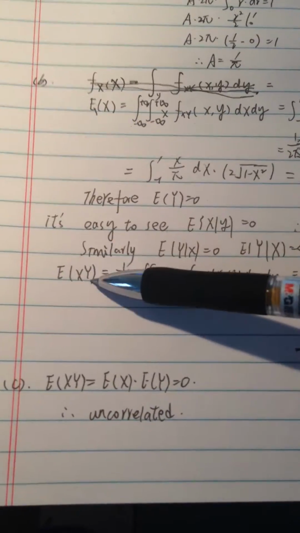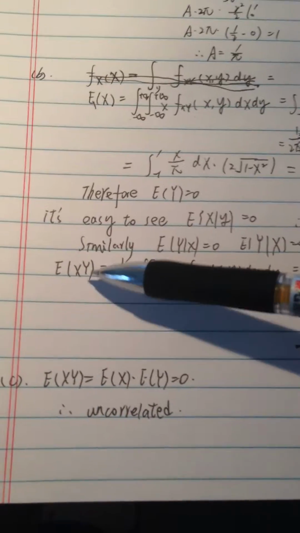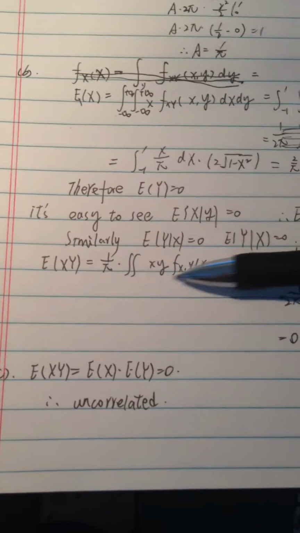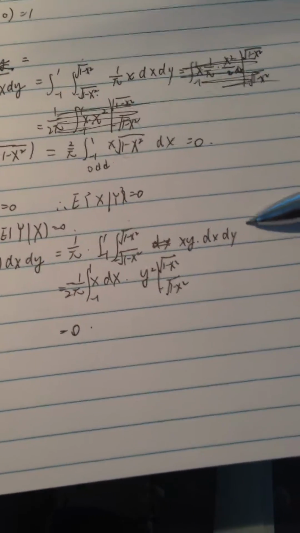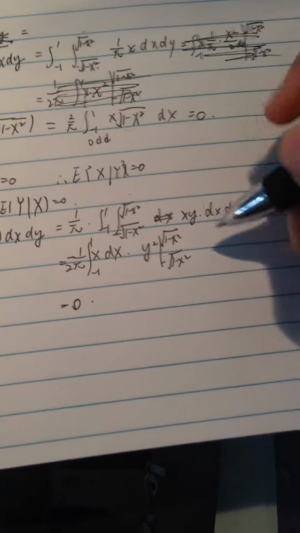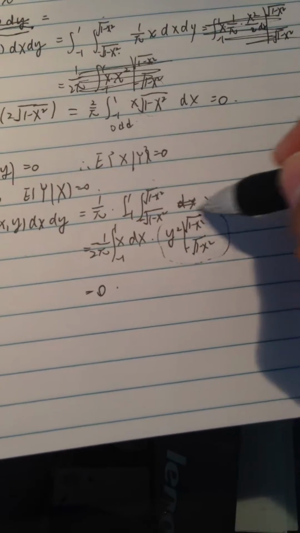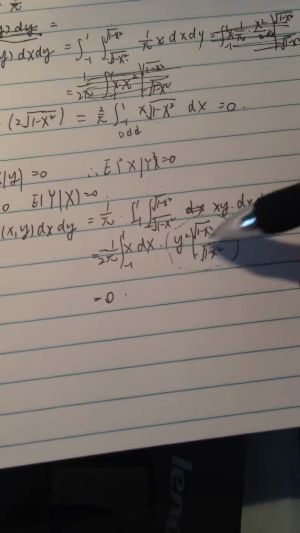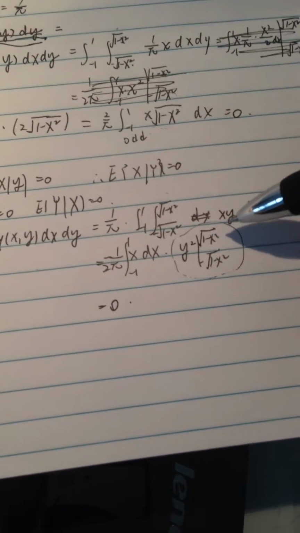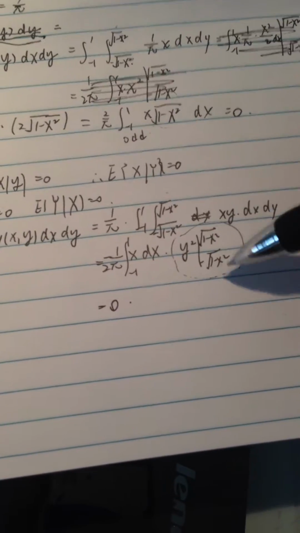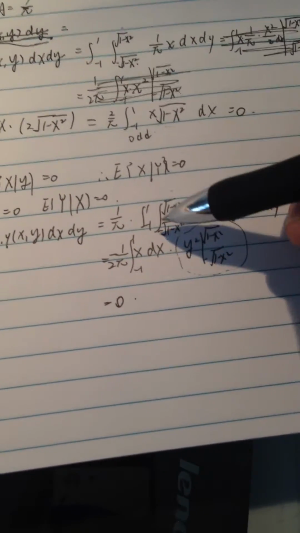And now we're going to figure out the expectation of x times y. We use this integration, and after integrating over y, we found it is like this. See this part. This part also equals 0, because there is a y squared, and the top edge and the bottom edge are totally the same after squaring.